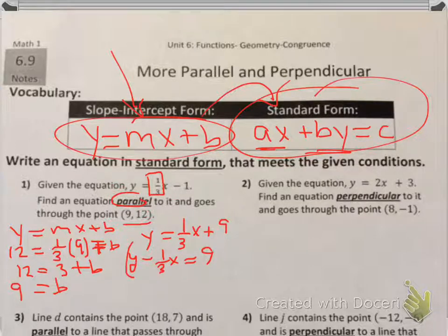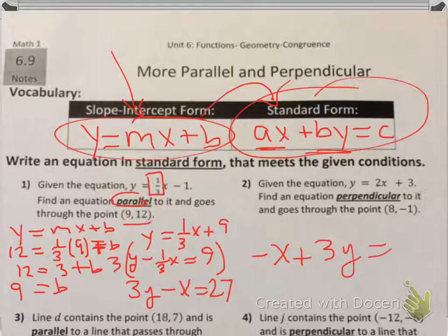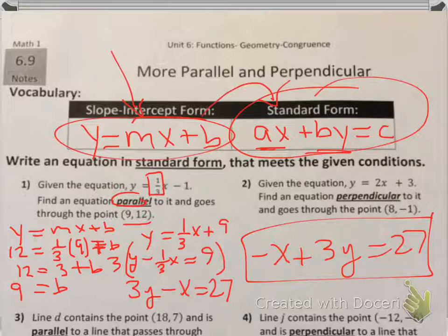In order to get that 3 off the bottom of the fraction, I have to times my entire equation through by 3. So I'm going to get 3y minus x equals 27. And then that's pretty much in standard form. You guys, in real life, I'm supposed to have the x first, so it should be negative x plus 3y equals 27. And that would be the standard form for that first problem.